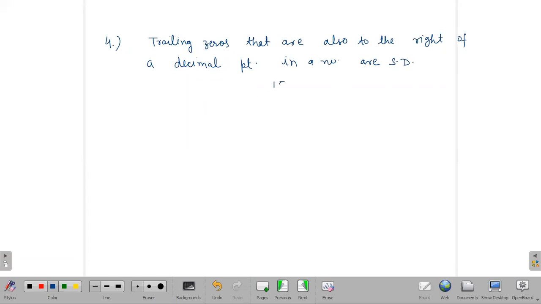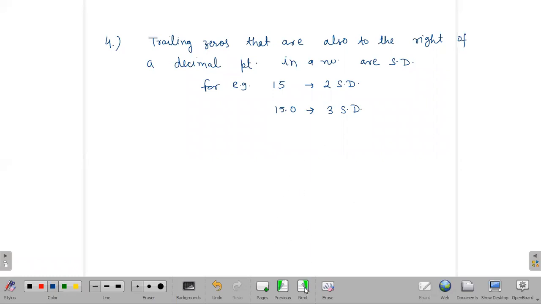It means if I write just a normal 15, then it contains 2 significant digits. But I can write this number in another representation as 15.0 also. So that 0 will also be significant. In that case, 3 significant digits. Similarly, if I write 15.00, then there will be 4 significant digits. So these are some rules to decide the significant digits.